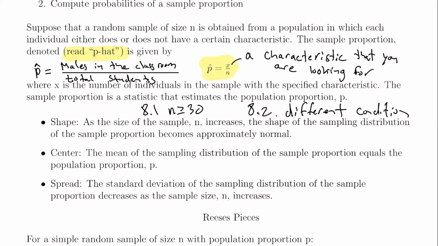All right, so let's go to the second bullet point. It says the mean of the sampling distribution of the sample proportion is equal to the population proportion, P. When we talk about P, this is our population proportion. If you ever see P in a formula, P just stands for population proportion.